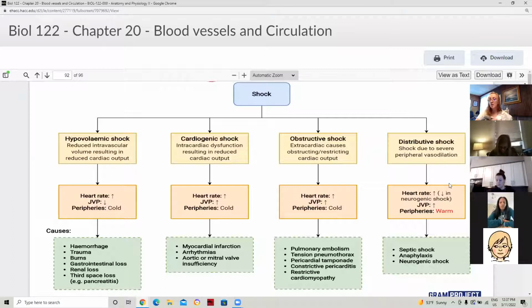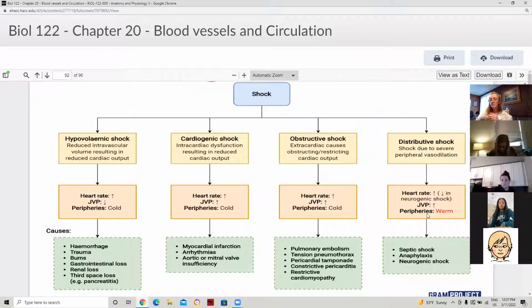Distributive shock is when there's severe vasodilation, meaning you have no peripheral resistance. Therefore the heart rate goes up and the pressure is also going to try to go up.